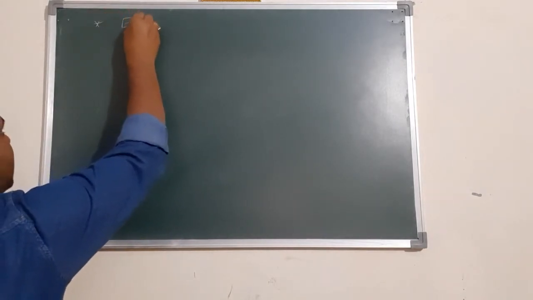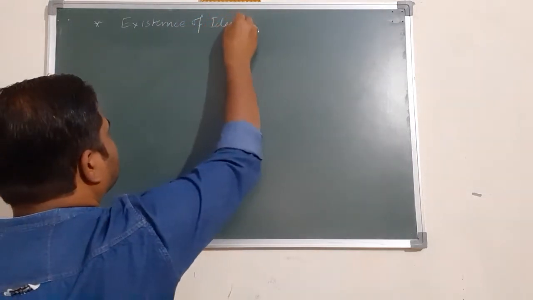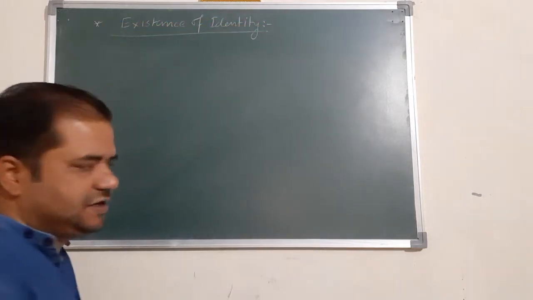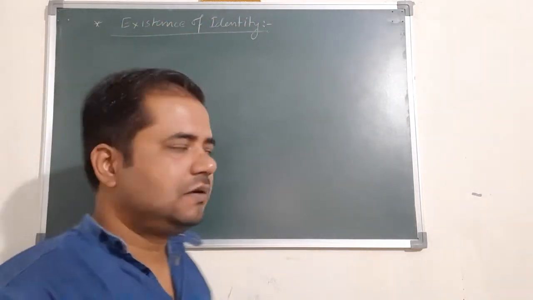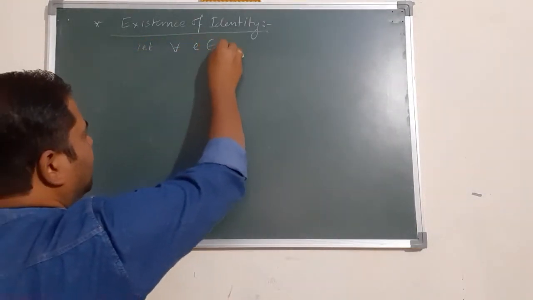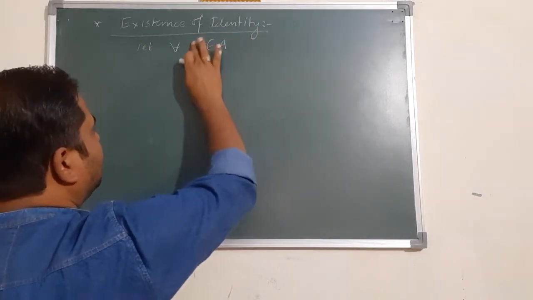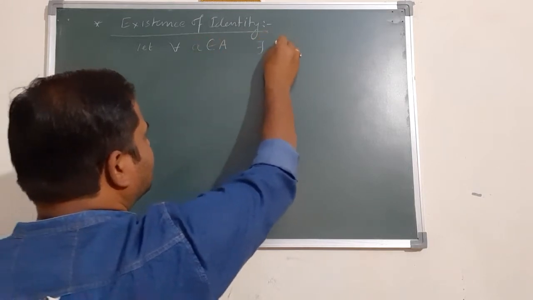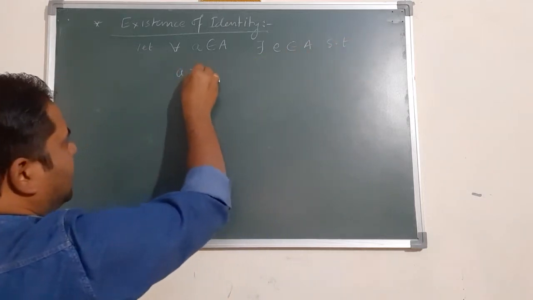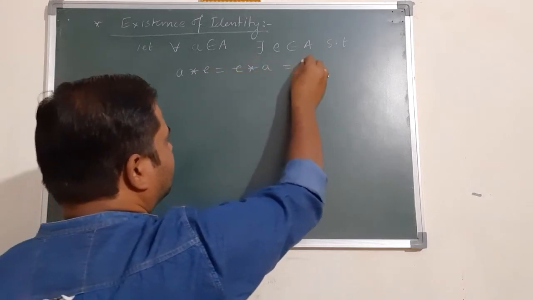So, existence of identity. How to define it? Let star be a binary operation on A. For each a belongs to A, there exists e belongs to A such that a star e is equal to e star a is equal to a.